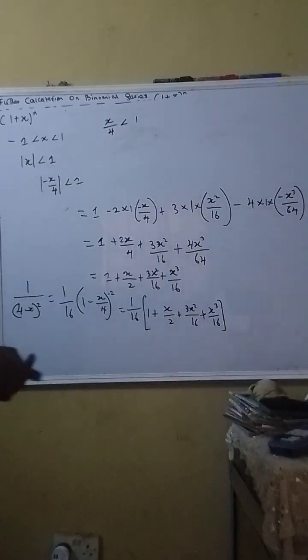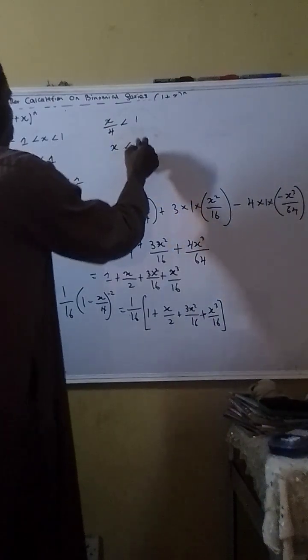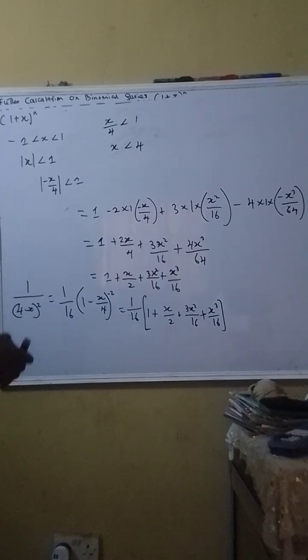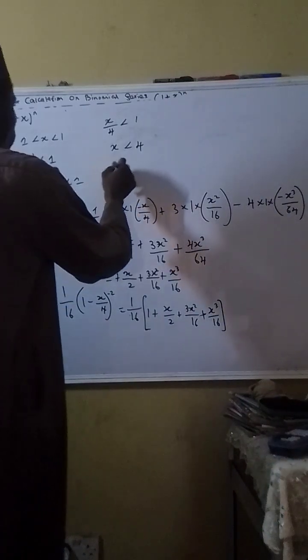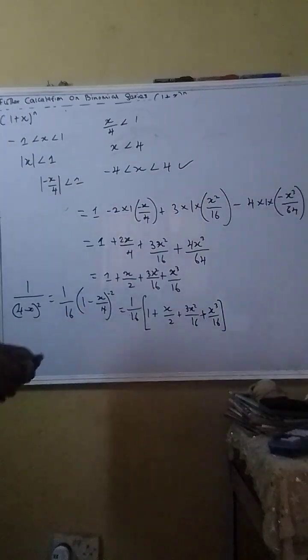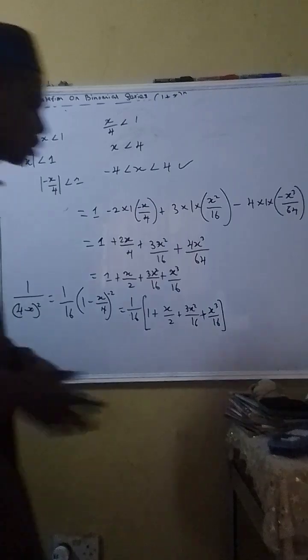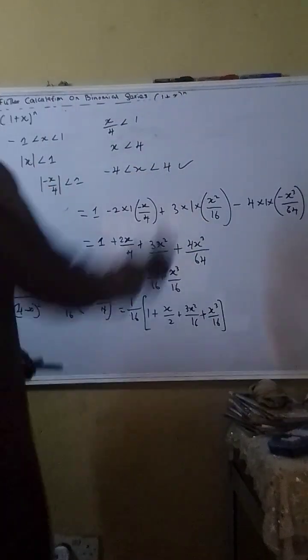Are you getting what I'm saying? So if you cross multiply, you have x less than what? 4. So since x is less than 4, you should know that negative 4 will be less than x and also less than what? 4. So that is how to prove the limit for this, if you have been asked to do that. So I hope you learned something under this expression.